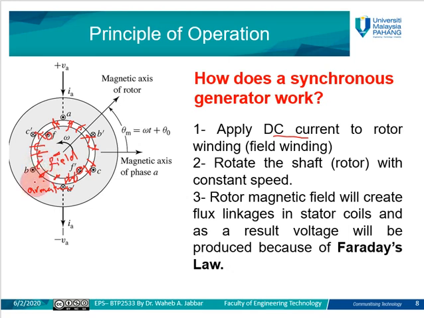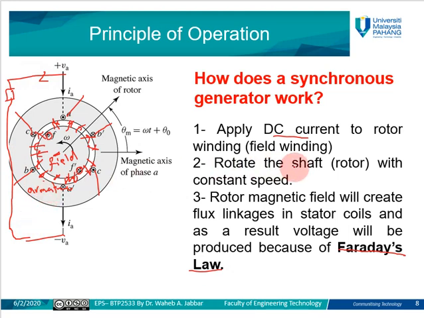it will induce a voltage based on Faraday's law that we learned in chapter 1 and chapter 2. So this conductor will have an induced voltage. When I connect it to an external circuit by using these two terminals, it will send current through the circuit, or through the load of this generator.